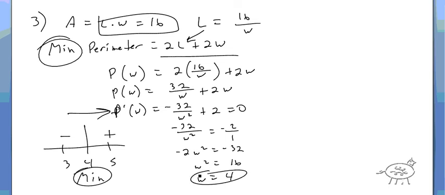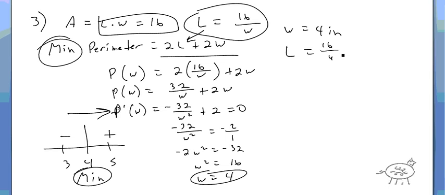I don't have to check endpoints because, again, it's an open end problem, so there are no endpoints. And so the width is 4 inches, and the length, well, length is 16 divided by 4, so 16 over 4, which is 4 inches.